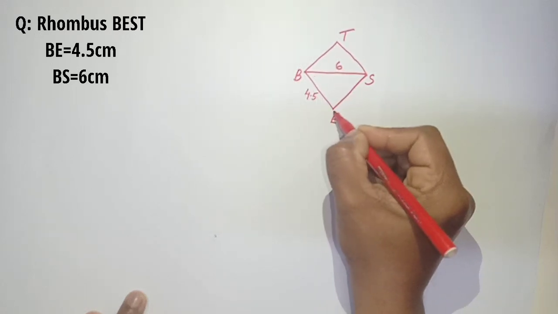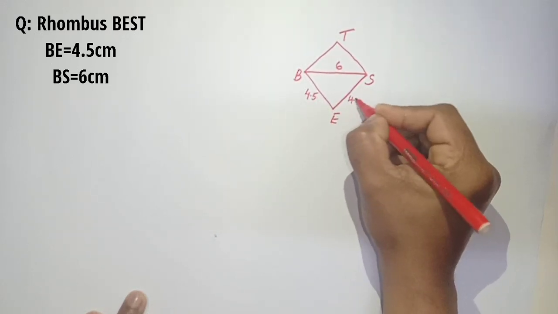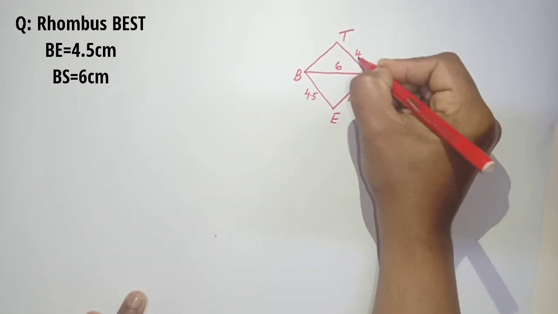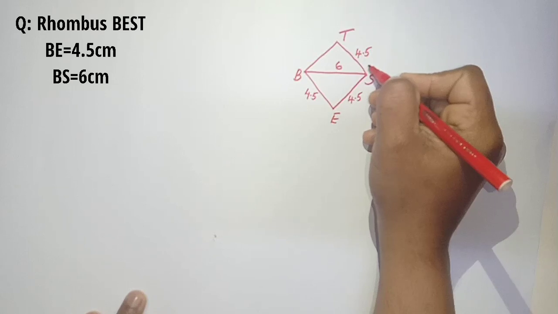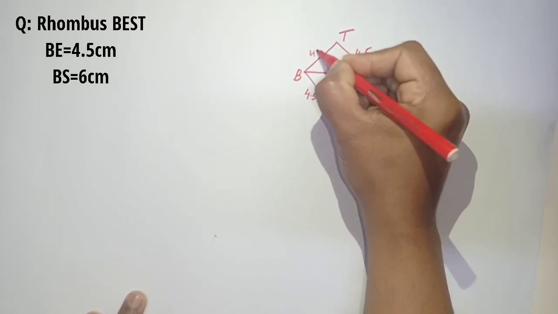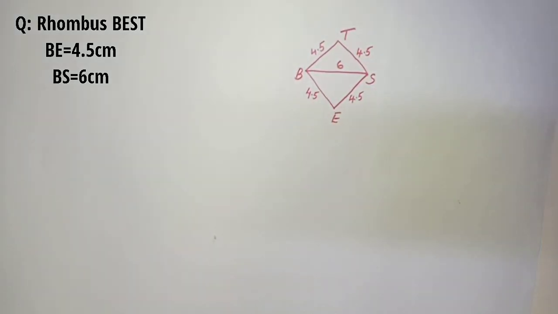If one side is 4.5, then the other sides are also 4.5 centimeter. So ES is equal to 4.5, ST 4.5 and BT also 4.5. Now we can draw rhombus BEST.